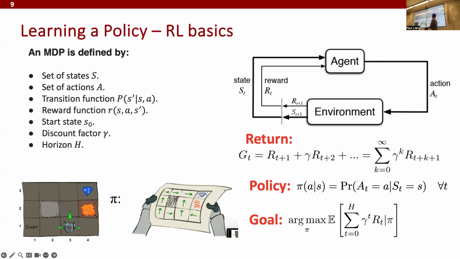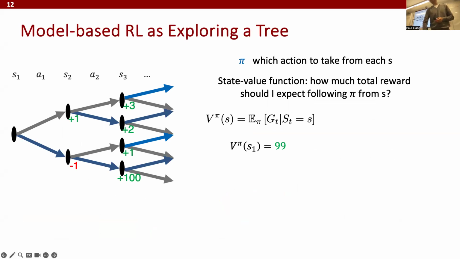That's why I write your total return as the reward at the immediate next time step plus gamma times the reward one step in the future, and then gamma squared times the future. Usually gamma is something less than 1, like 0.9. Sometimes a discount factor is actually very necessary to make sure some of these methods converge. Otherwise, you just keep going and if it's a small reward, you'll keep trying to search for it.